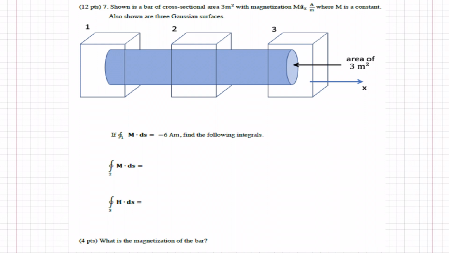In this problem, we have a bar with a magnetization M in the x direction, and we are asked to find the integral of M dot dS or the integral of H dot dS in the three Gaussian surfaces. We are also given that the integral of M dot dS in Gaussian surface 1 is negative 6 amp meter.